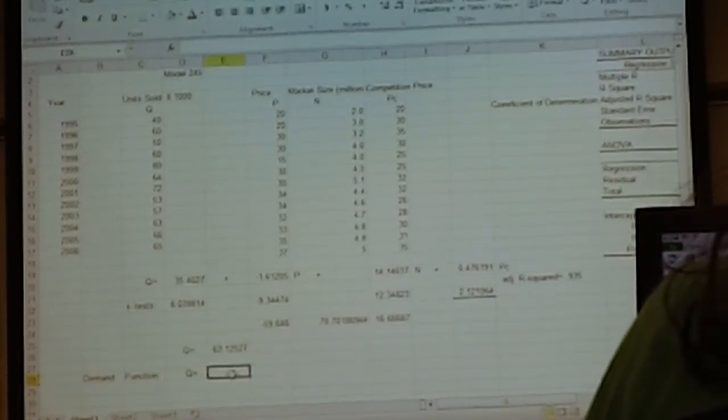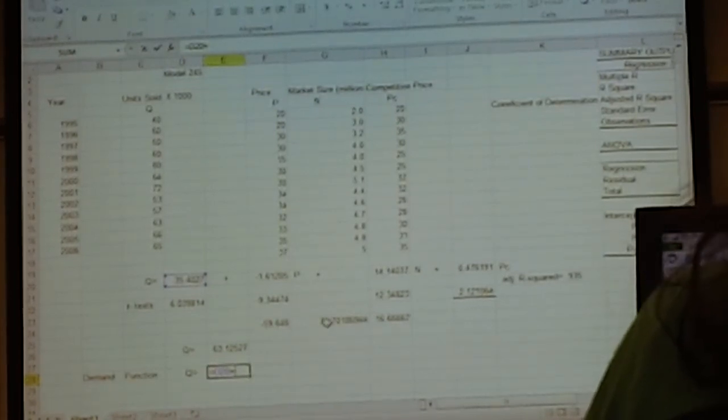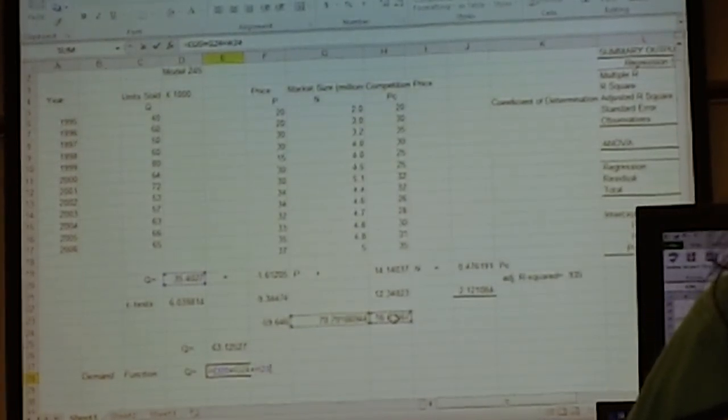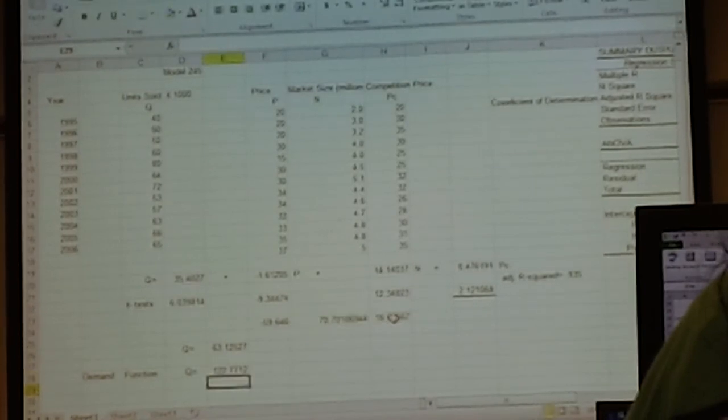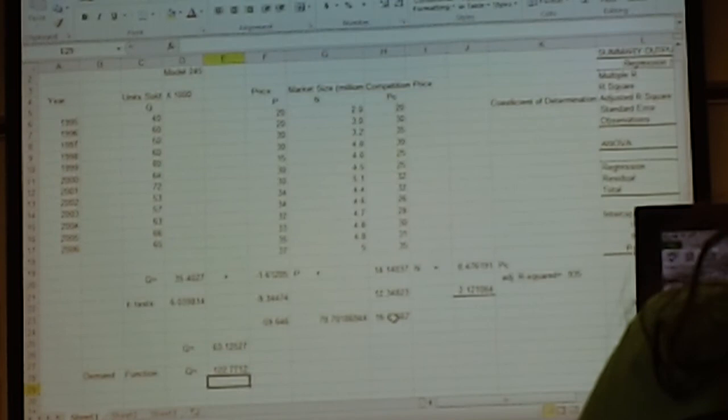We have to change the constant term now, because the constant term is going to be adjusted by adding these two together. It's equal to the old constant term plus the new constant term coming from market size plus the constant term coming from the competitive price. So there's the new constant term.